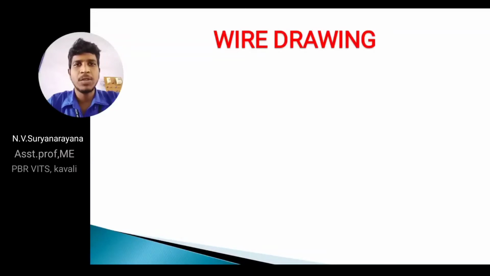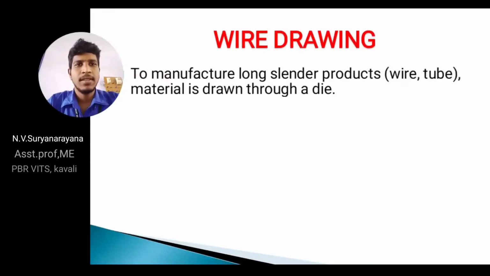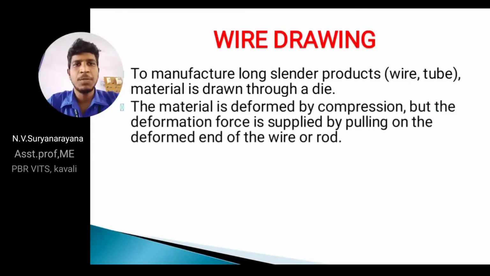Today in this class, I am going to discuss wire drawing in the manufacturing process subject. First of all, coming to wire drawing, to manufacture long slender products, that means wire or tube material, it is drawn through a die. That means we are pulling the metal through a semi-opening die.